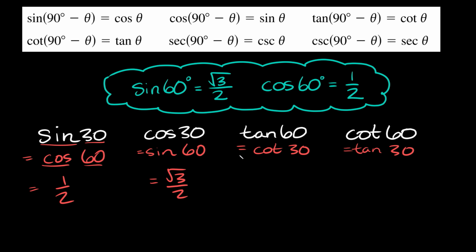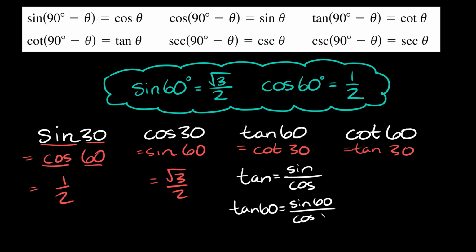Well, one really important trig identity that you want to remember that relates sine, cosine, and tangent is that tangent is equal to sine over cosine. Okay, so that would mean that, again, what we're looking for, the tangent of 60 degrees is equal to the sine of 60 degrees over the cosine of 60 degrees. And luckily, we know what these two are equal to, right?